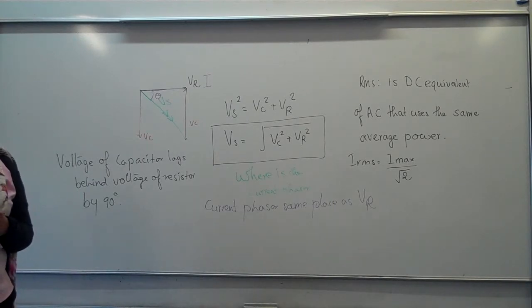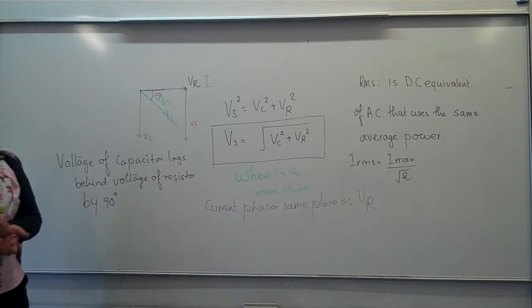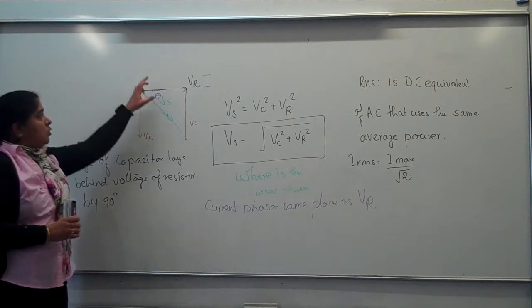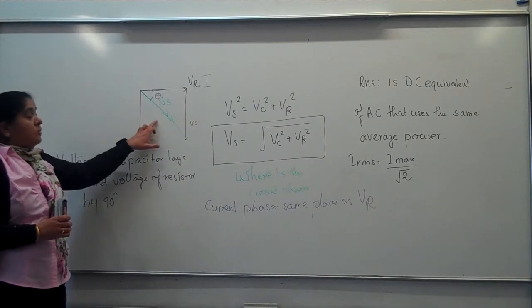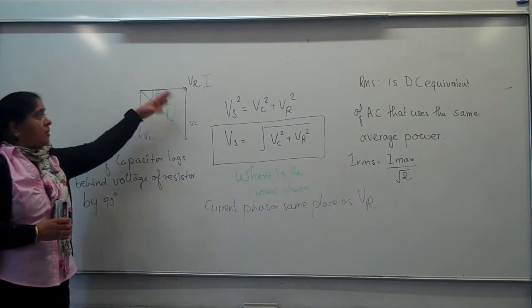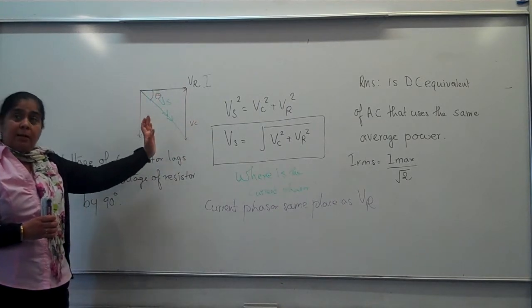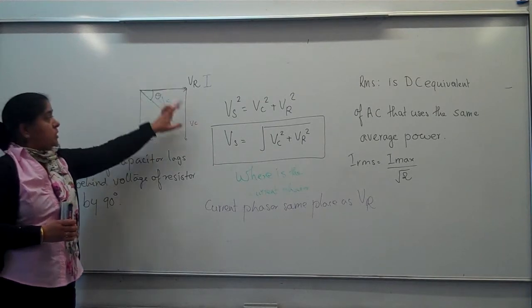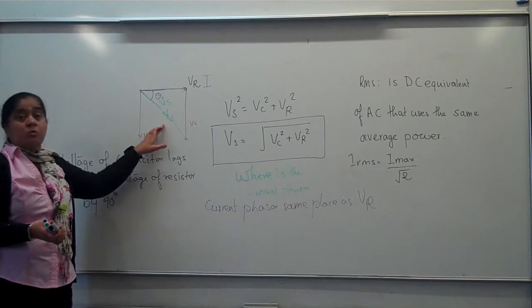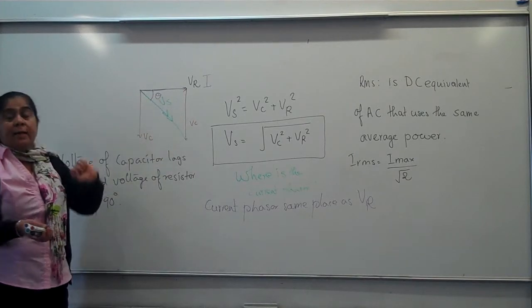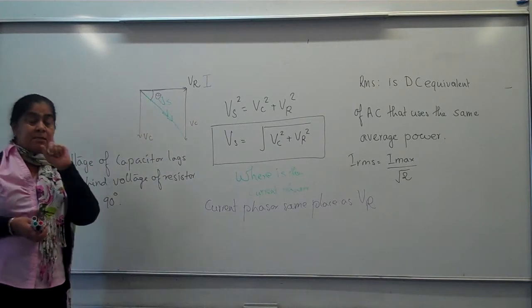You know these values, VR and VC, and if you know either of two, then you can apply your trigonometry. You know these two, do tan; you know these two, do cos; you know these two, do sine; and work out that angle. Okay, it comes as a merit question.